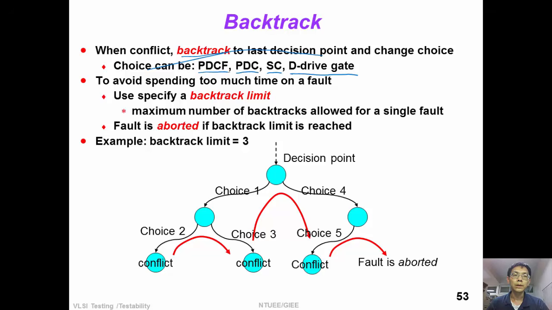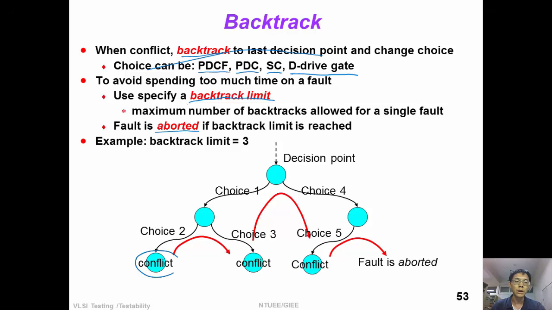To avoid spending too much time on a particular fault, the user can specify a backtrack limit, which means the maximum number of backtracks allowed for a single fault. If a particular fault exceeds the backtrack limit, this fault is aborted. For example, in this picture, the backtrack limit is set to 3.